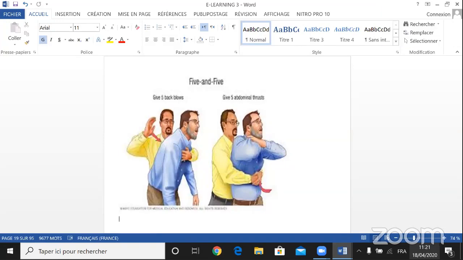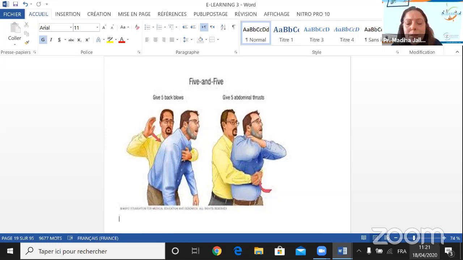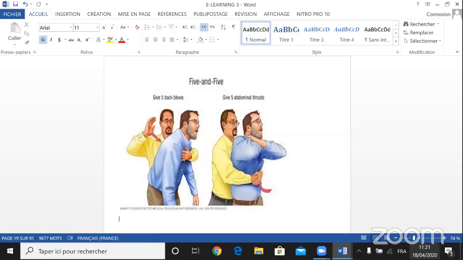Here you are responding to which problem? When you give 5 back blows, you respond to which? To choking. Excellent. So what can be in the throat?